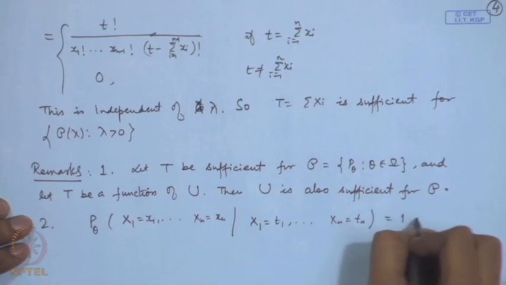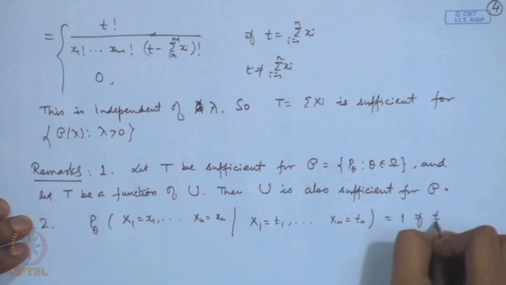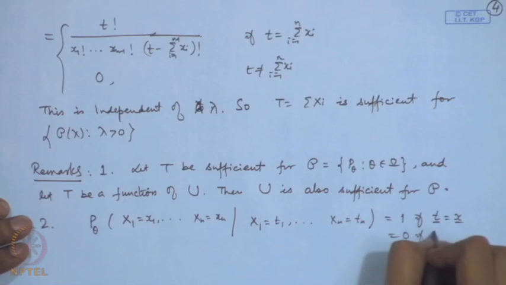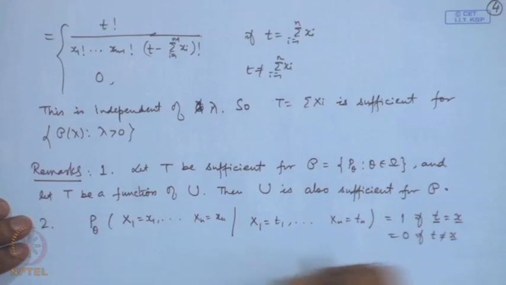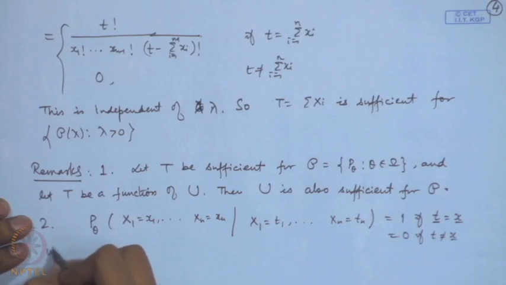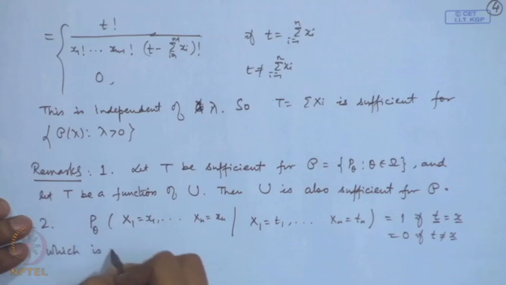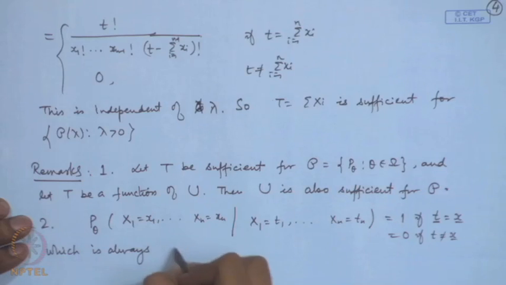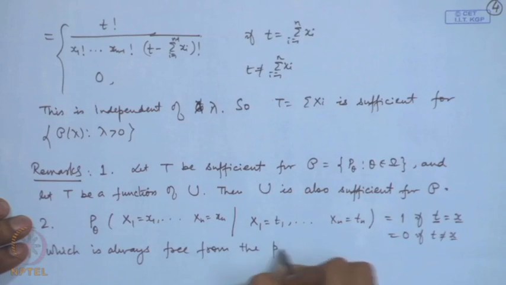This is equal to 1 if this t vector is the same as the x vector, otherwise it is 0. So, this is naturally free from the parameter.